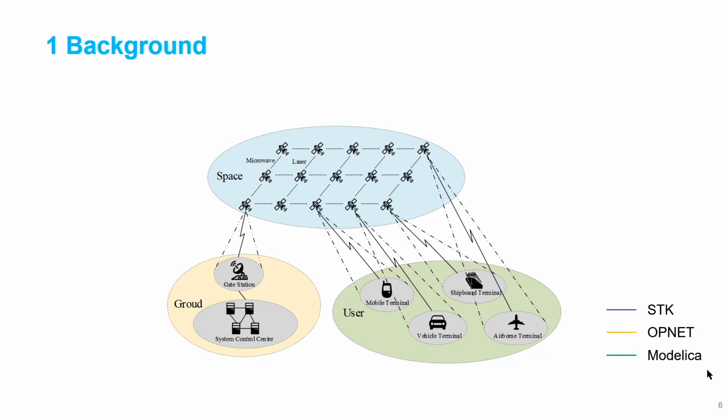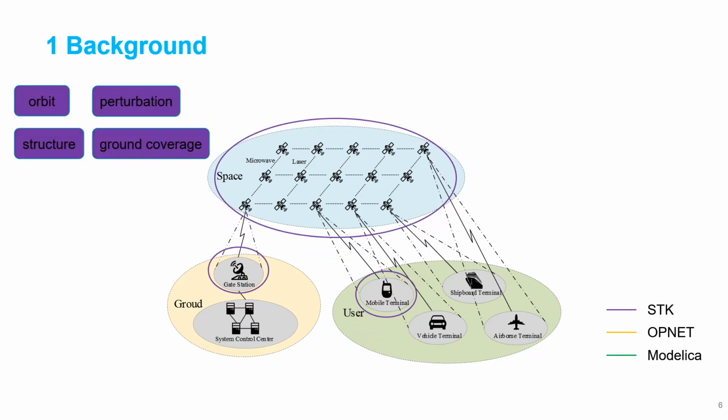The existing simulation methods for satellite constellations can be mainly divided into the following three types. The first is to simulate the orbit, perturbation, structure, and ground coverage characteristics of the satellite constellation, based on software like SDK, and to support the constellation orbit and structure design.